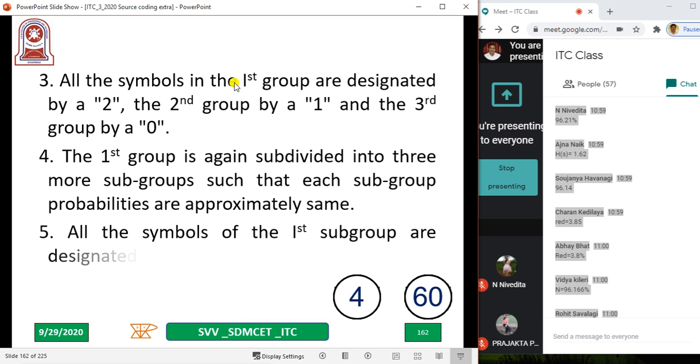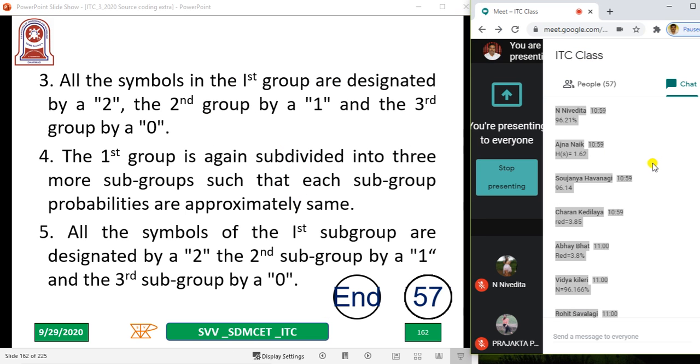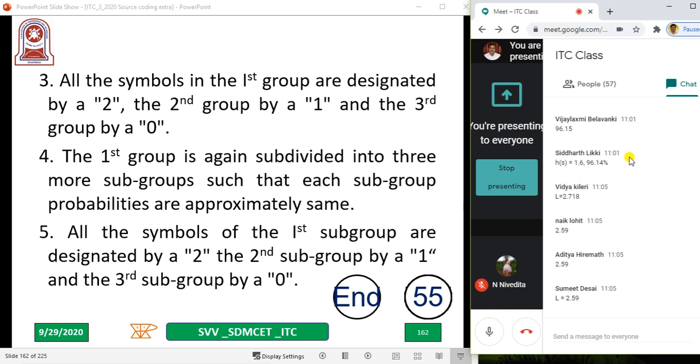All the symbols of the first subgroup are designated by 2, the second subgroup by 1, and the third subgroup by 0. Take a few more seconds and copy down. We'll go to the next slide.